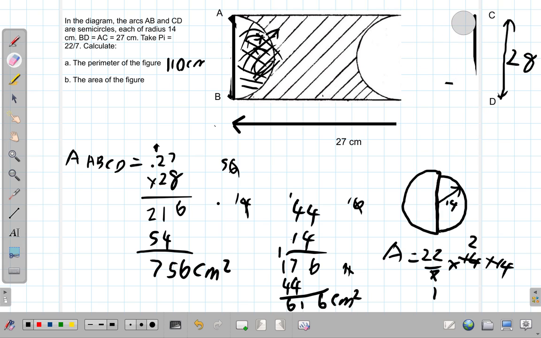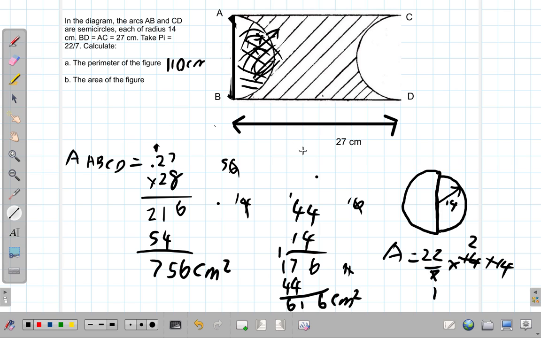So let me just adjust this here, bring the C over here, and the D here. Even though I said it's not drawn to scale, it was certainly drawn way out of scale. This would look a bit closer to it, right? Although it's still out of scale, obviously. But anyway, what we have is 616.